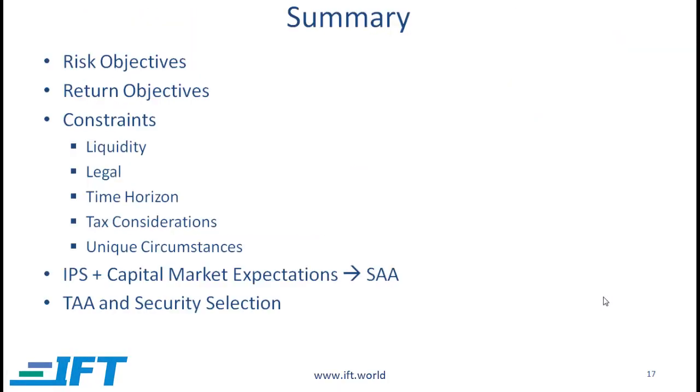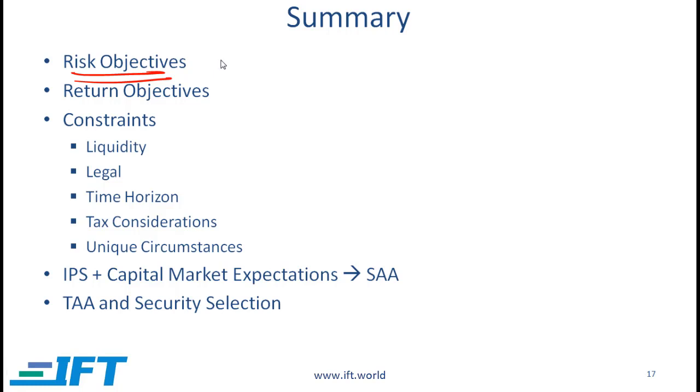A quick summary now of what we've been talking about. You need to understand risk objectives. These are defined either quantitatively or qualitatively. Qualitatively, we can say that the risk tolerance is either high, medium, or low. We need to recognize that both the willingness and the ability to take risk should be considered.